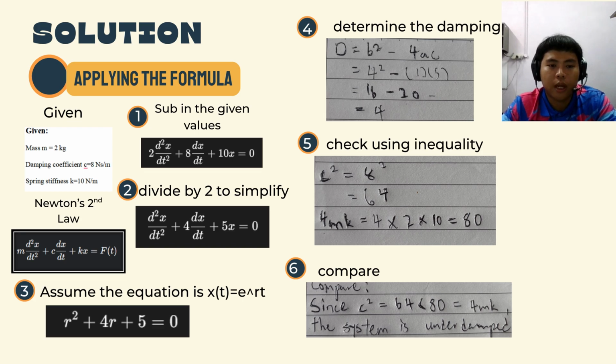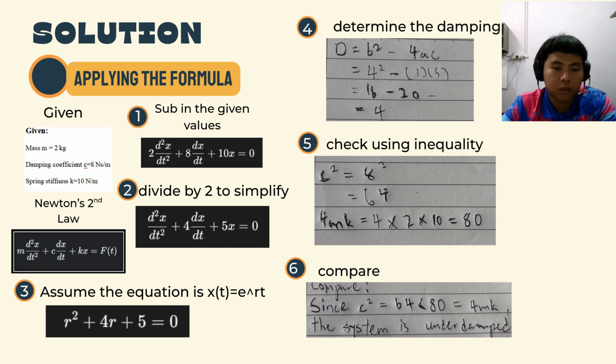So first, we are going to apply the formula with the given data, and our formula is Newton's second law. The data would be mass, m equals 2 kilograms, damping coefficient c equals 8 Newton seconds per meter, spring stiffness k equals 10 Newtons per meter.